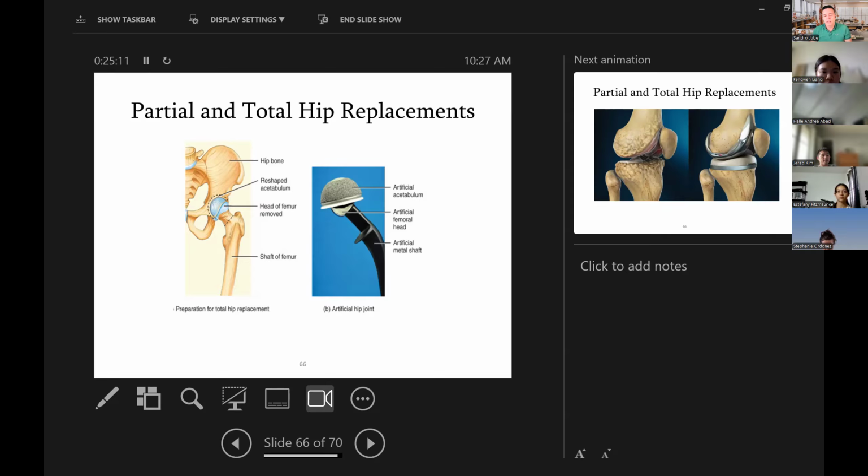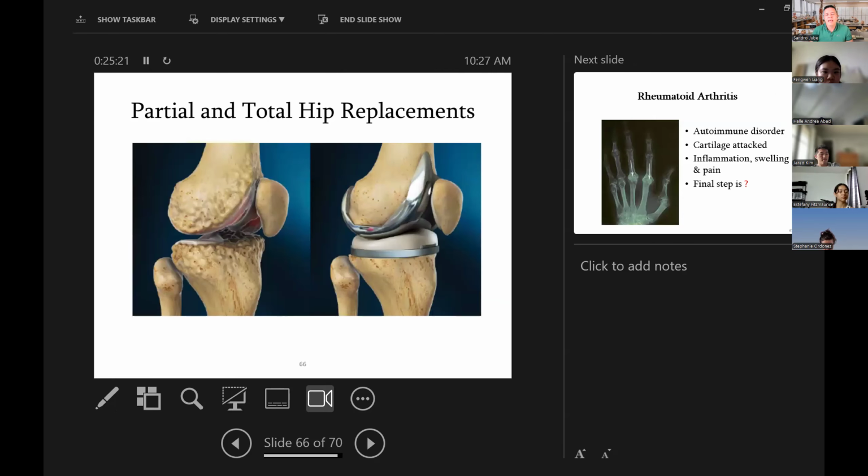Now, what we're looking at right here is an artificial hip joint. A hip replacement is also very common. And then here we have a knee joint. And we can see right here on the left-hand side that this is an extremely arthritic knee. You can see here that the articular cartilage on the condyles is gone. Can you imagine how painful it is to walk when you have no articular cartilage in your joints?